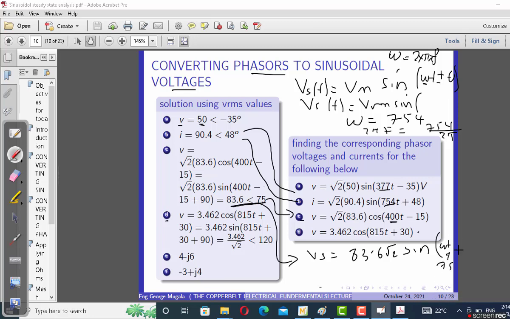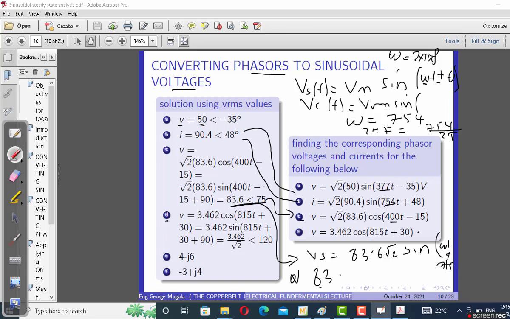Okay, now if this is a sine function, then it means that in polar form, it's 83 point... so we're getting it the way it is. We know that the sine function lags the cosine function by 90 degrees.